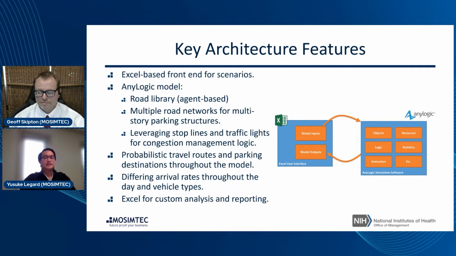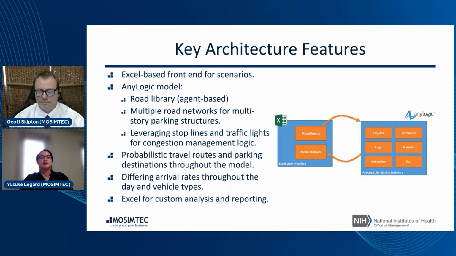The key architectural features of this model are that Mosimtec created an Excel front end to run scenarios. We can load all our inputs and scenarios from Excel into the model, and we primarily use the road library for this model and implemented multiple road networks for the multi-story parking structures. We also leverage stop lines and traffic lights for congestion management logic, both in and around the parking structures.